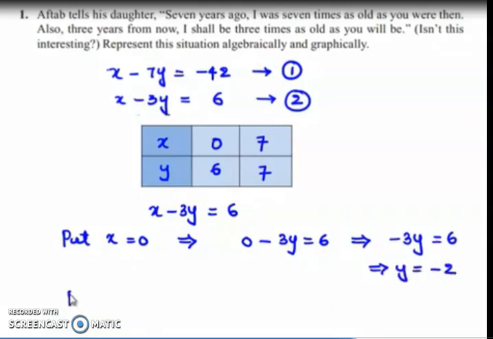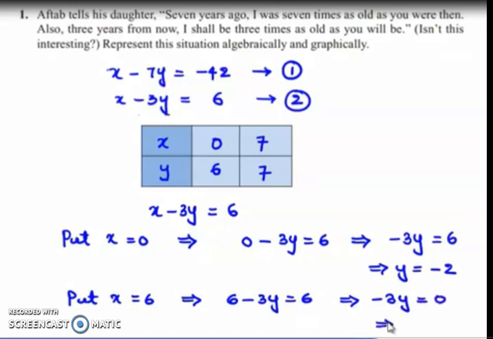And if I take x is equal to 6, then 6 minus 3y is equal to 6, that is minus 3y is equal to 0, that is y is equal to 0. So my two solutions are 0, minus 2, sorry, and 6, 0.